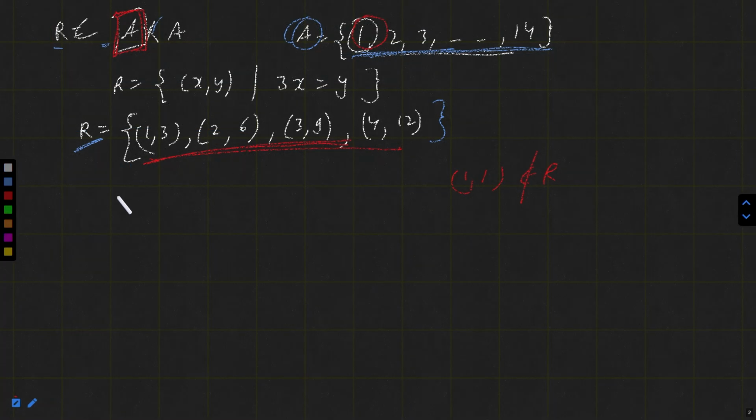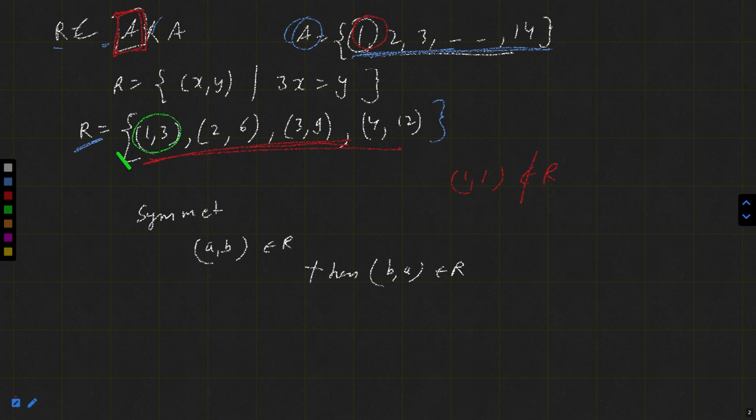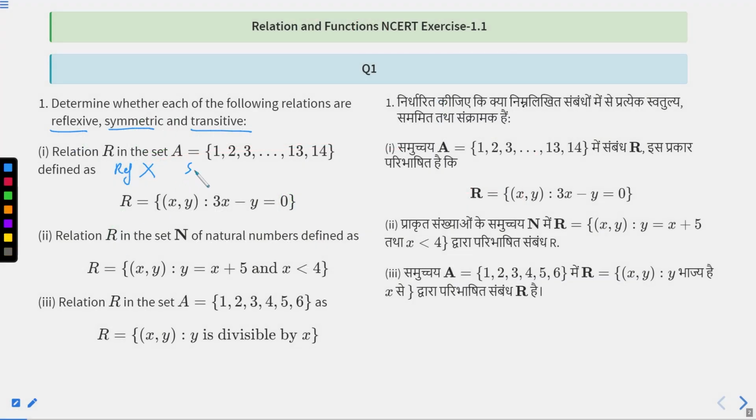Now let's see symmetry. For symmetric, if A comma B belongs to R, then B comma A also belongs to R. Let's see. 1 comma 3 belongs to R. Yes, indeed. Does 3 comma 1 belong to R? No. So this means it is not symmetric either.